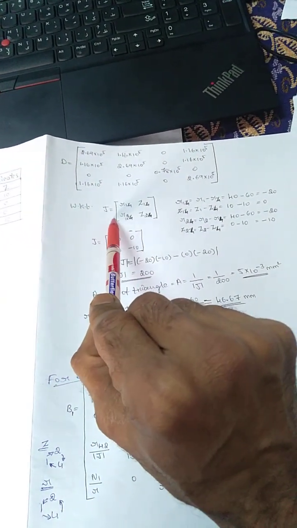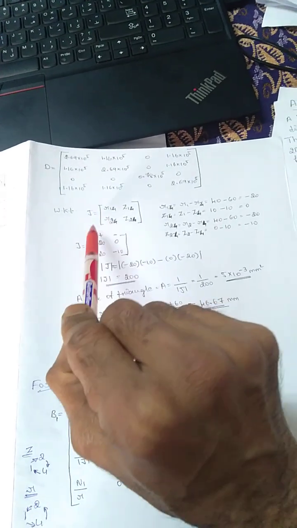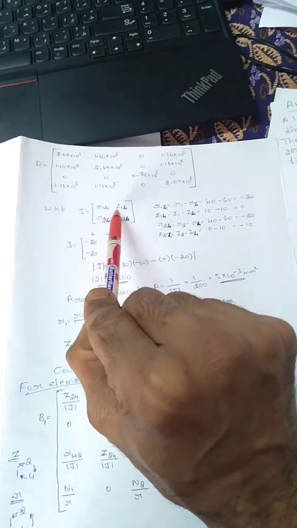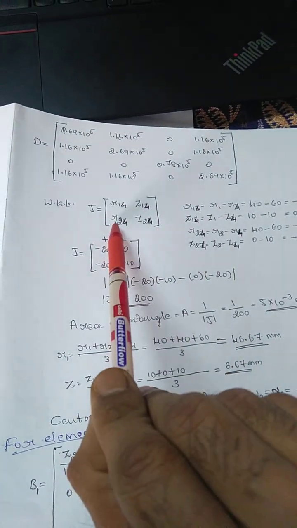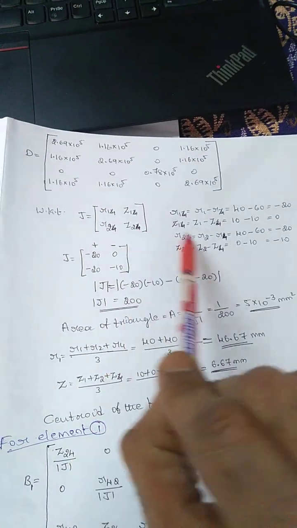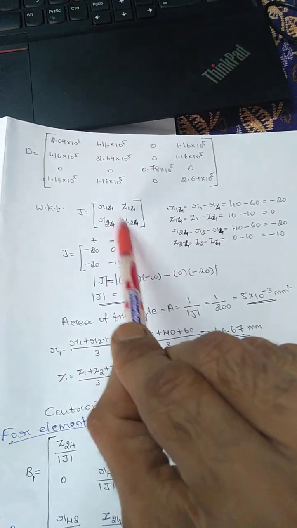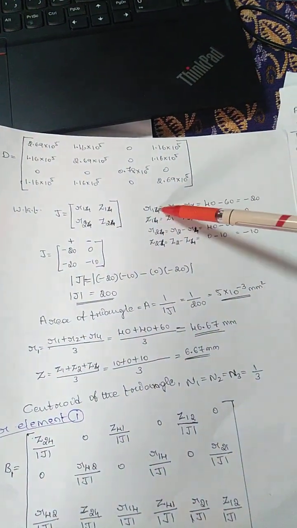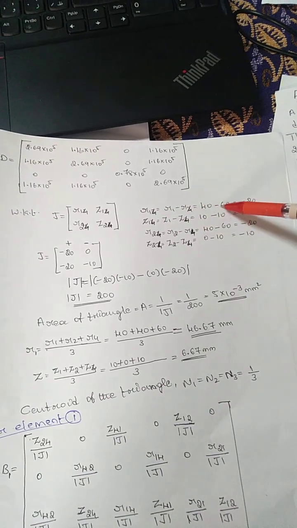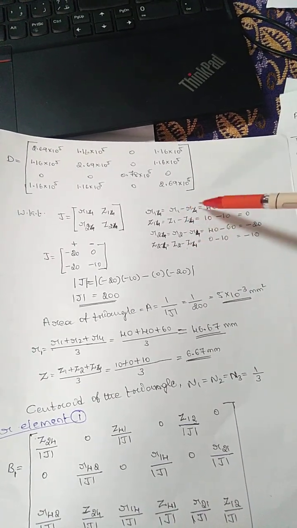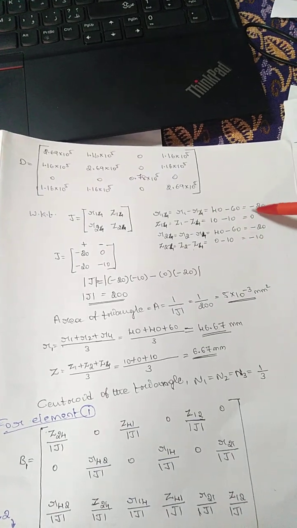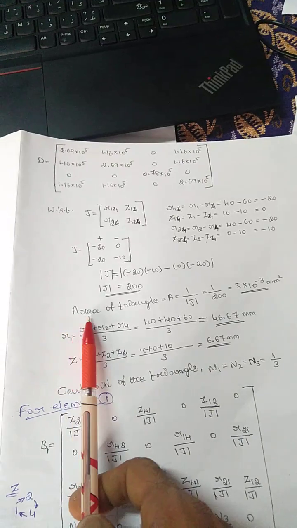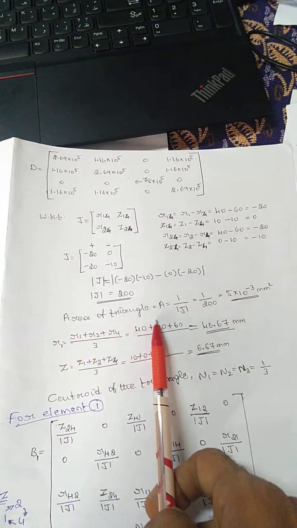Next we know the Jacobian J, equal to r14, z14, r24, z24. This is the derivation part, and you can refer to the derivation to understand how it comes. As usual, r14 is r1 minus r4, and these values are in the table; substitute all the values and you'll get J. After that, the area of the triangle.